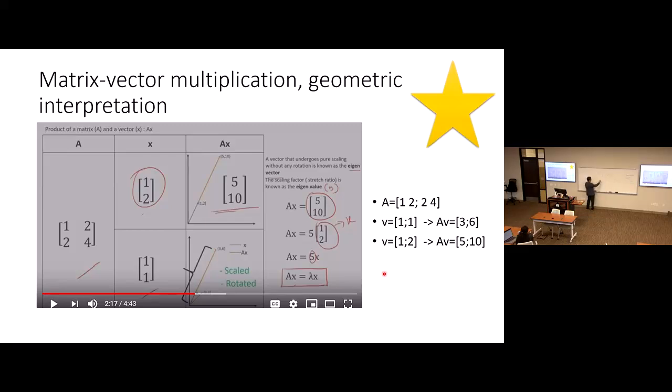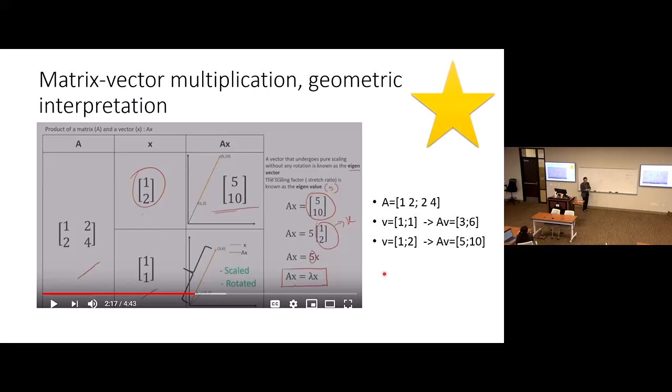So this is 2 by 2, and 2 by 1. So this is A, this is X. So what's the dimension of the product A times X? So 2 by 2, 2 by 1.